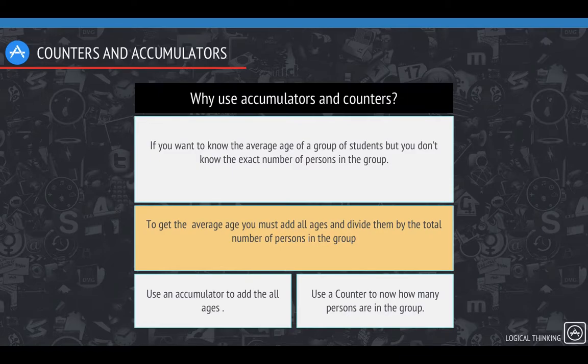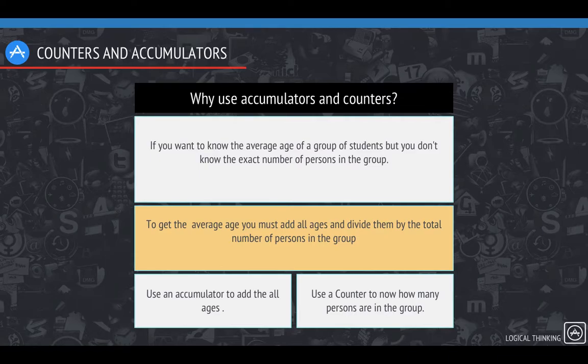So for example, and this is the app we're going to do today. The first person adds their age 21. The next person adds their age 17. The next person adds their age 19. And then it stops. There's no more people there. So you get a counter of 3 because there were 3 people and an accumulator of 17 plus 19 plus 21.